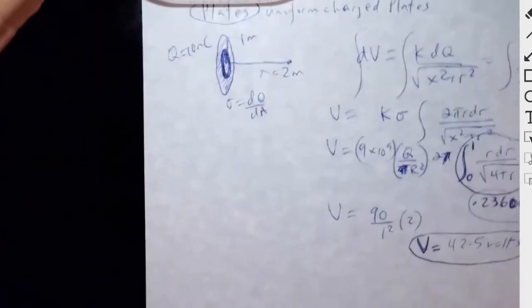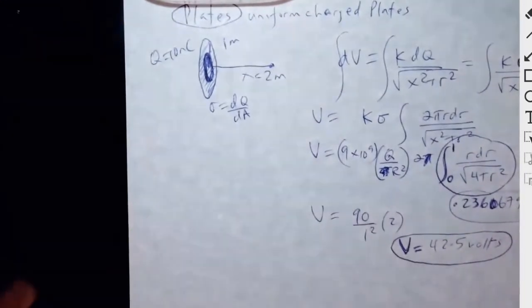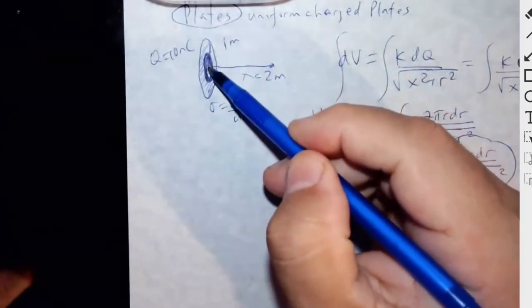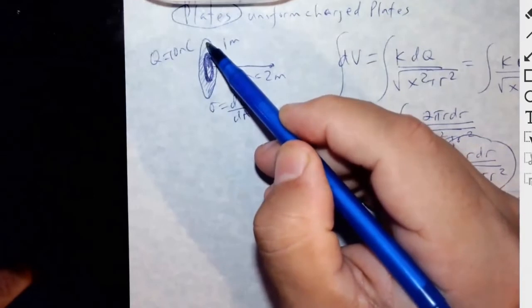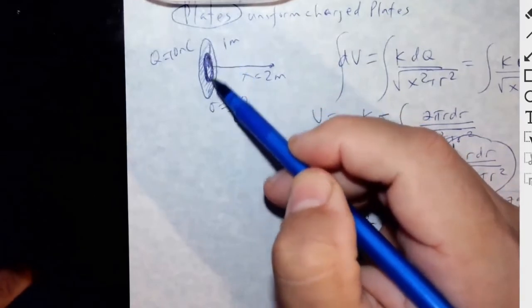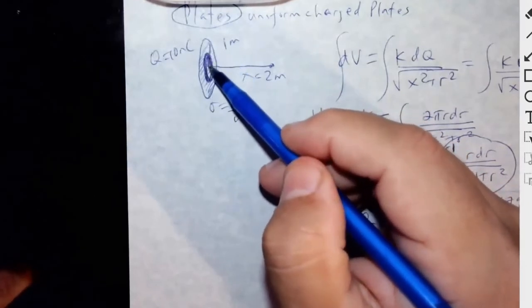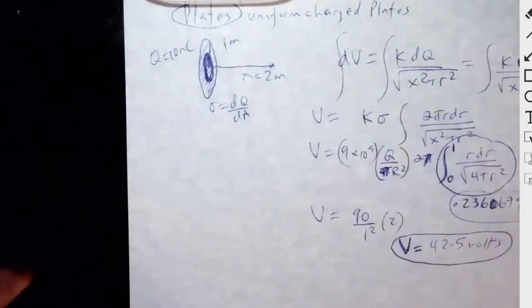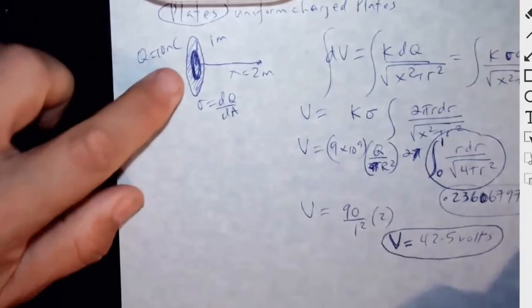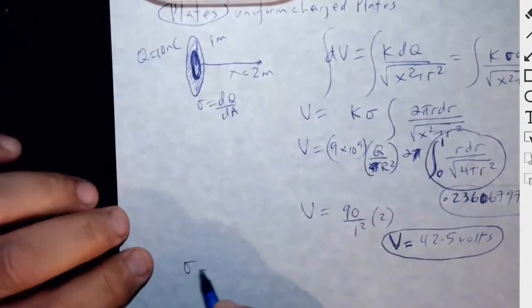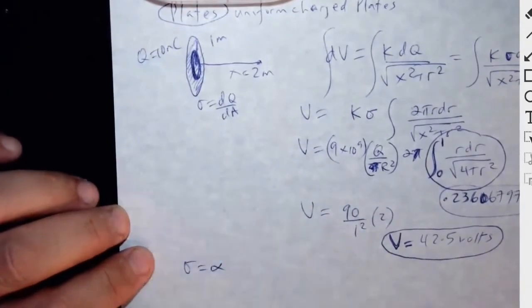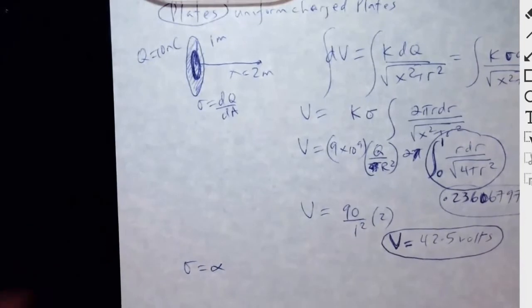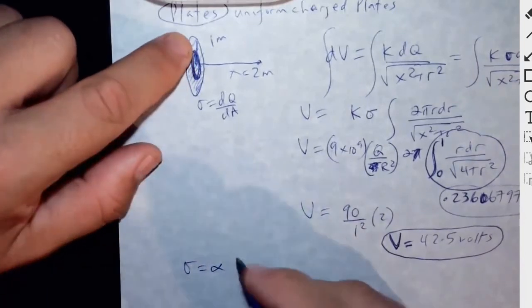How about non-uniform? Again, that depends on whether there's more charge towards the ends or more charge towards the center. Let's say sigma is alpha r, so there's more charge towards the edges.